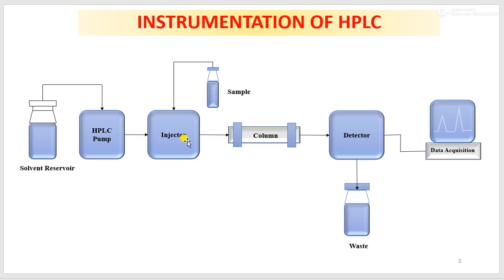Then sample injector or sample introduction system for injection of sample. Then column. Column is the heart of any HPLC system where actual separation takes place. Then detector for detecting a response. Then there will be a waste.